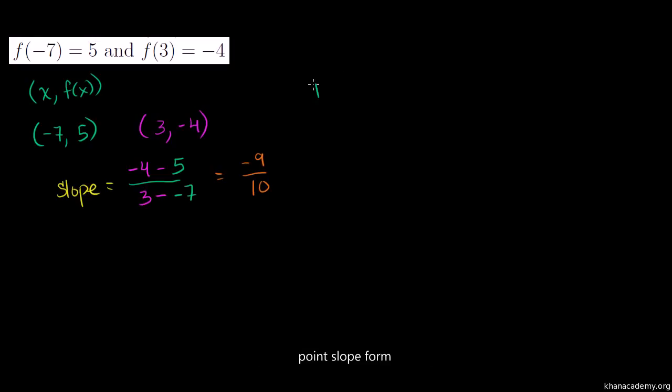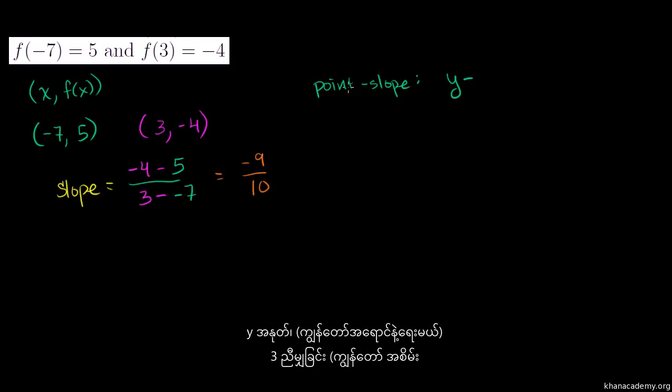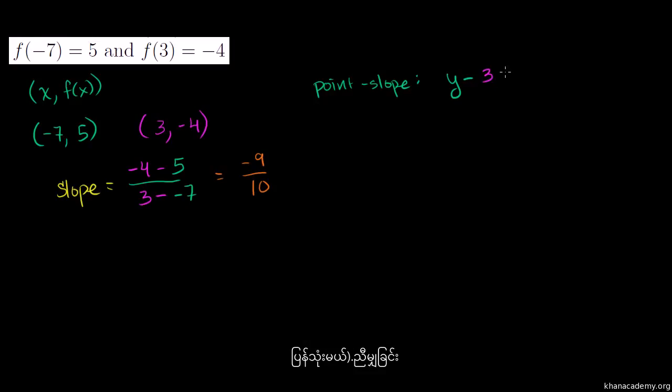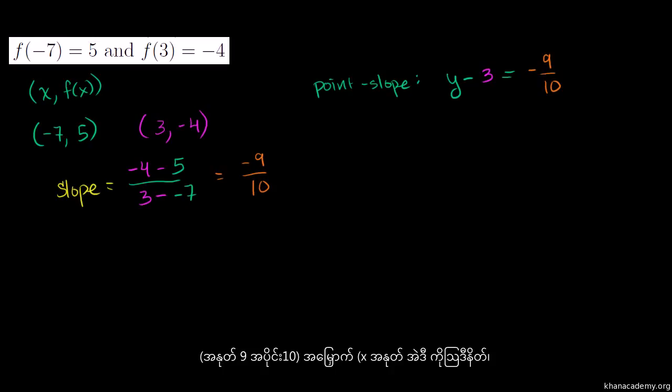Point slope form is just going to be y minus, I'll color code it, 3 is equal to the slope, which is -9 over 10, times x minus this coordinate, x minus -4.